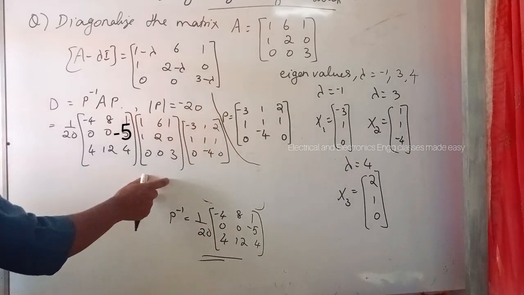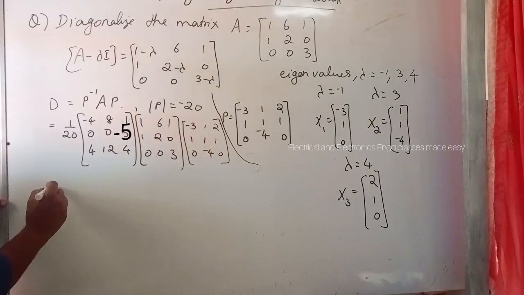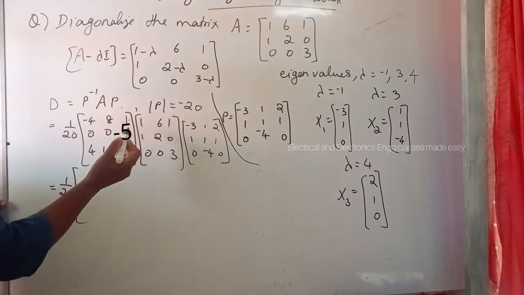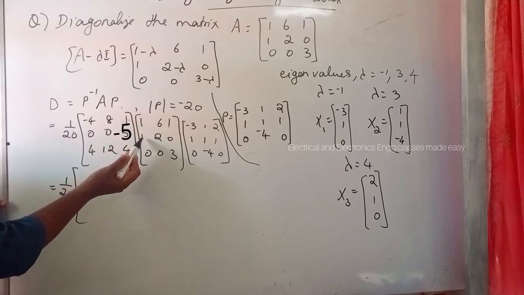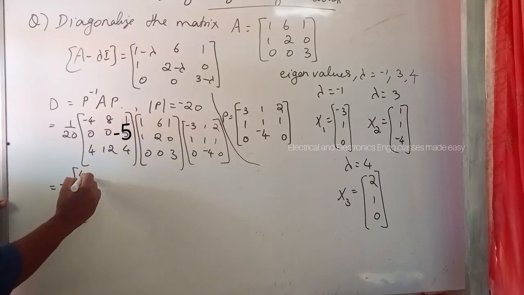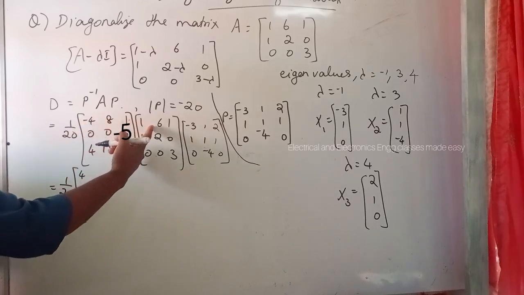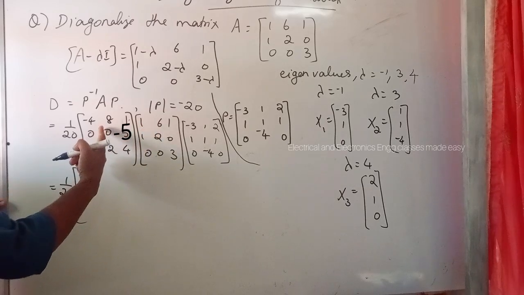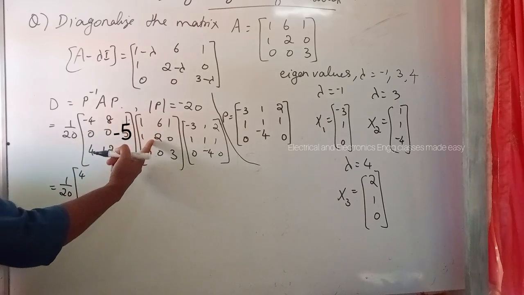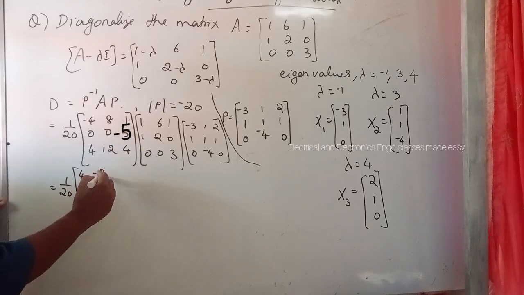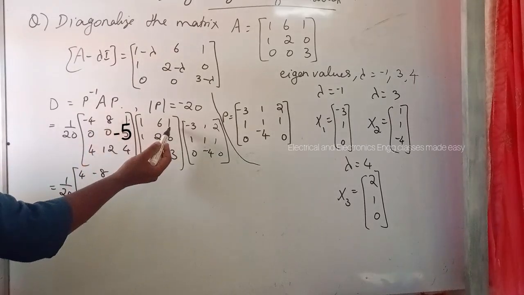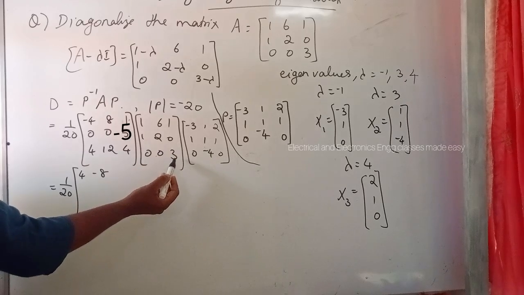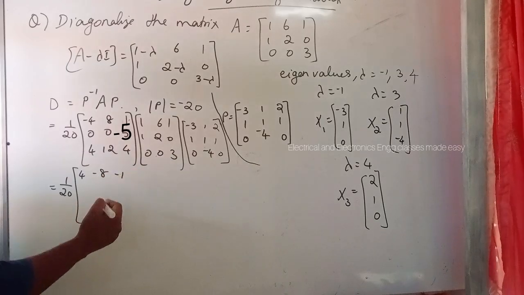Now we have to multiply this. That is 1 by 20 into minus 4 into 1, that is minus 4 plus 8, that is 4. Minus 4 into 6, that is minus 24, then plus 16, minus 8. Then minus 4 into 1, minus 4, 0, plus 3, that is minus 1.